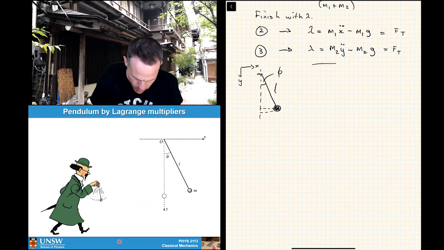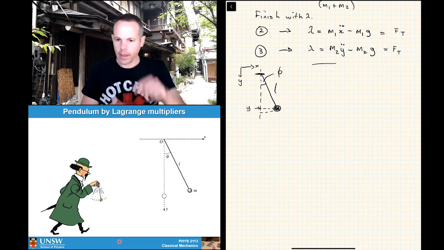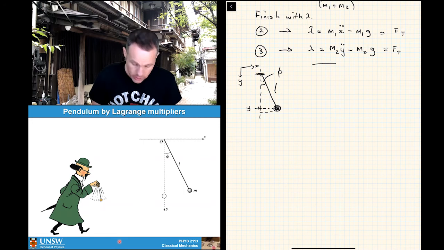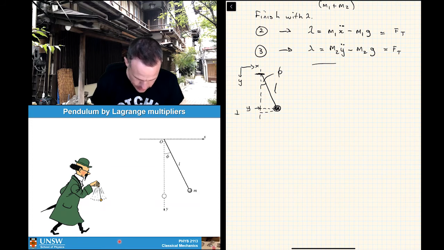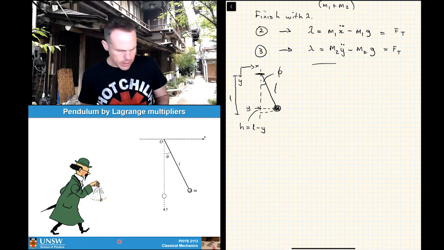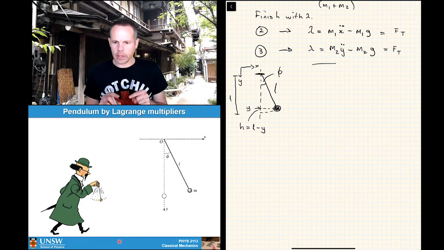My y starts here at the pivot point, and this point here I'm going to call y, and I'm going to be able to track the y of the bob at any particular point in time as a function of x if I wanted to. And then I know that this distance down here is L, so this little height in here is actually L minus y.